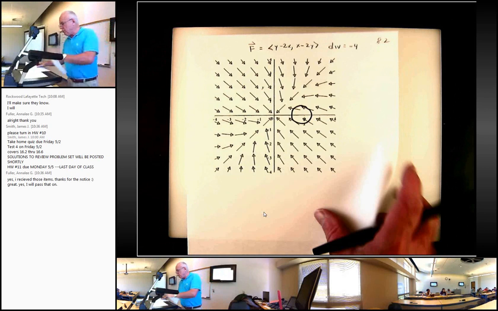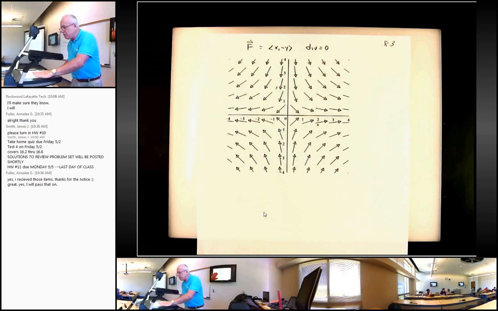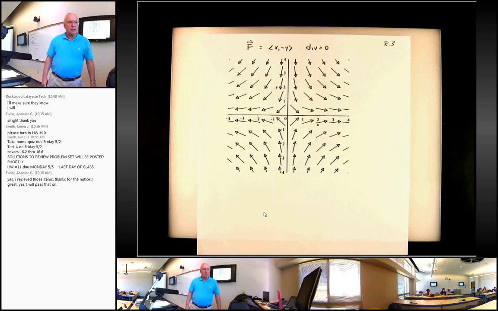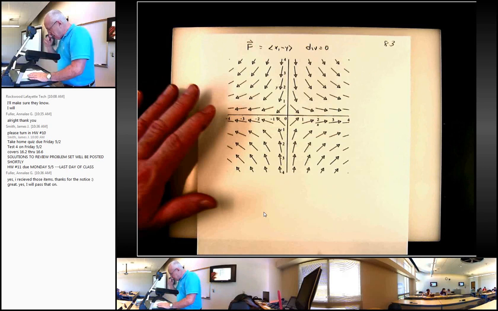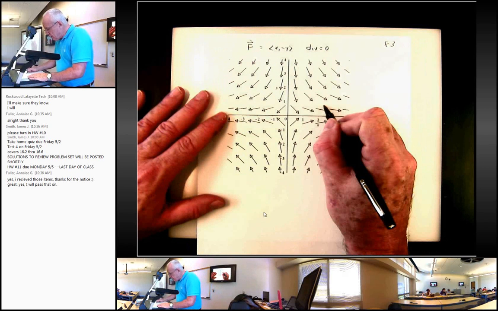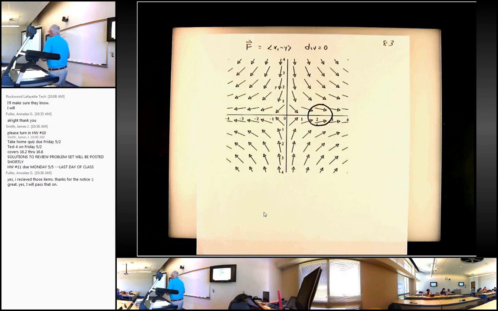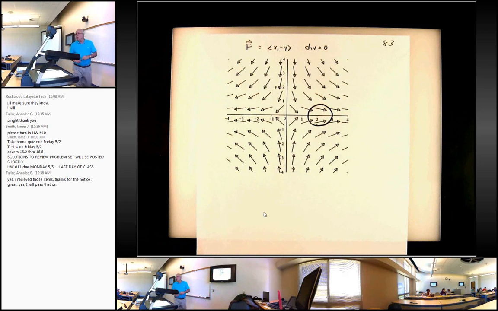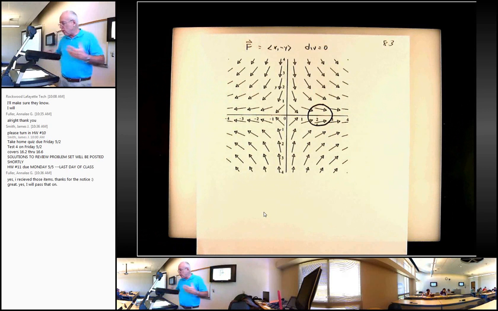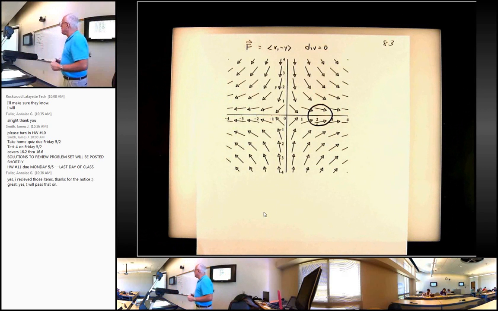And finally, the third one where the div is 0, this is the vector field connected with it, and essentially what goes in ends up coming out. So I guess there's a certain stagnancy about it then. What goes in is what goes out. Or it's just the same thing.